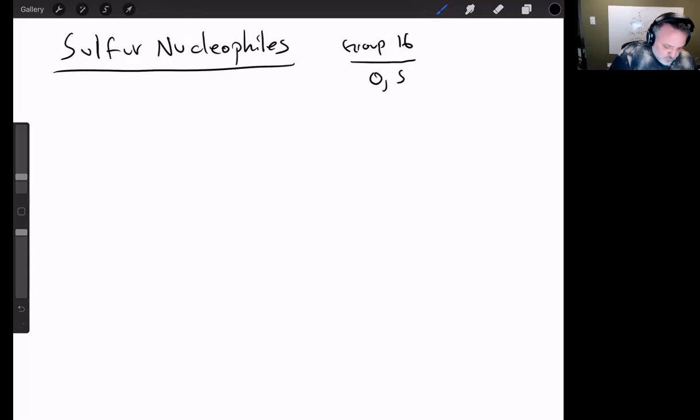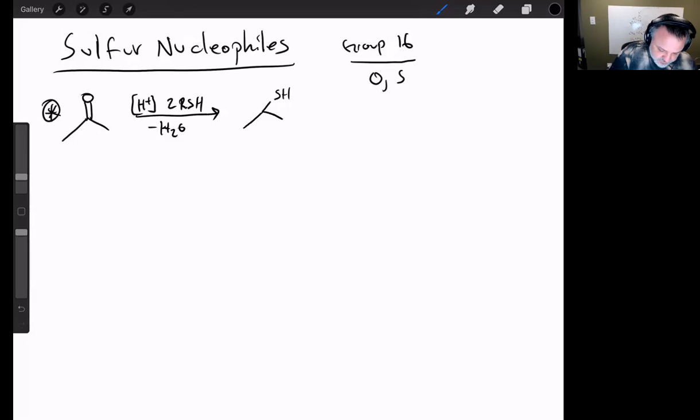And so that means that we can take a carbonyl group and react it with an H+ catalyst and 2 RSHs, 2 thiols, removing water, and we can form a thioacetal.